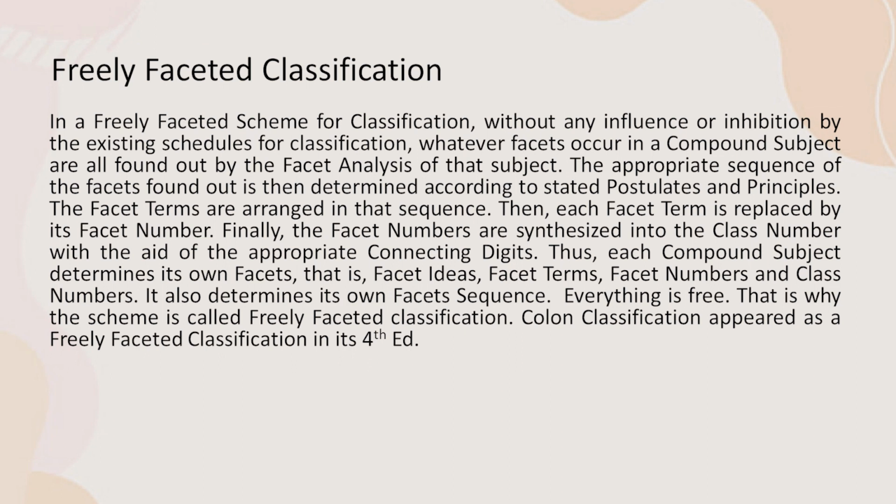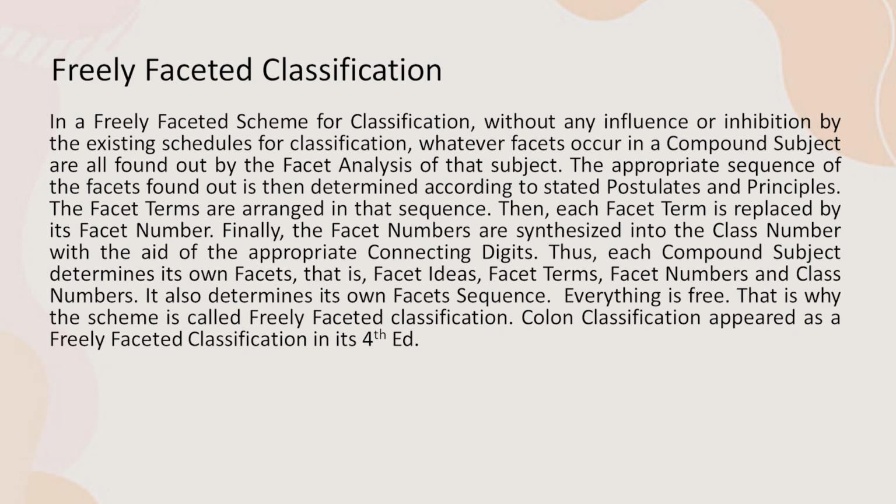The appropriate sequence of the facets found out is then determined according to stated postulates and principles. The facet terms are arranged in that sequence. Then each facet term is replaced by its facet number. Finally, the facet numbers are synthesized into the class number with the aid of the appropriate connecting digits.